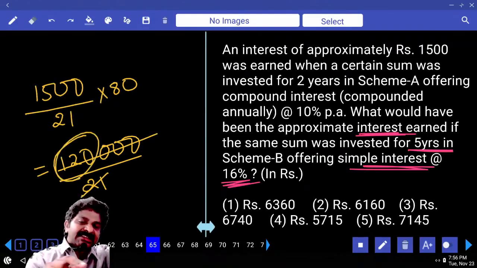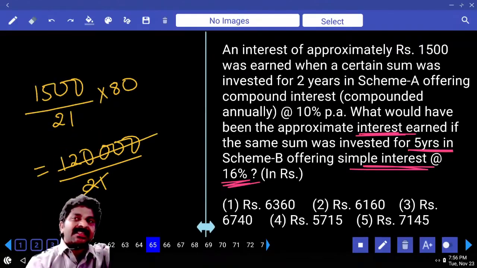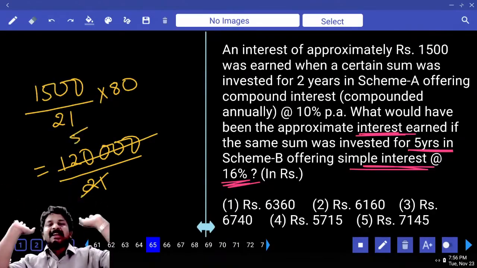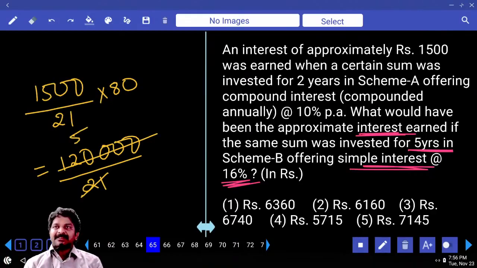Do we have 126? Can you write 6 over there? That means it must be 5 only. The answer must start with 5 something. How many options are there? Only one final answer. Clear? If multiple options are there, probably we need to solve and get the value. Okay na? Right.